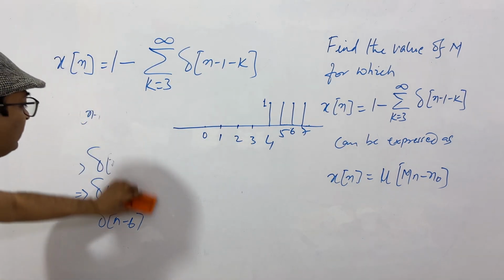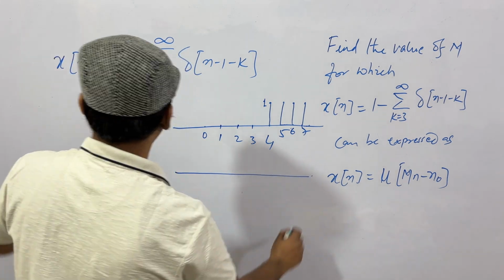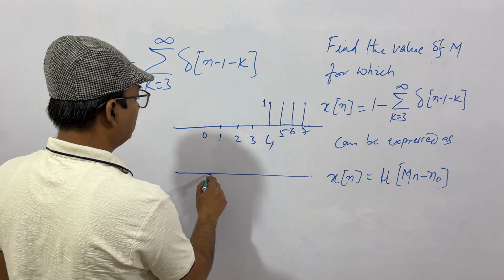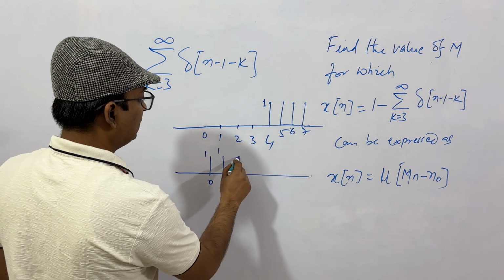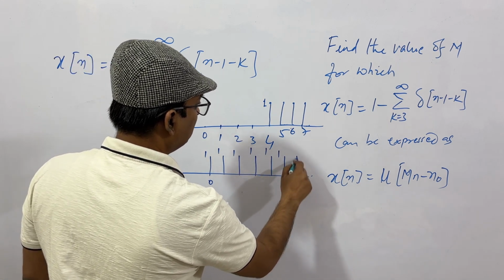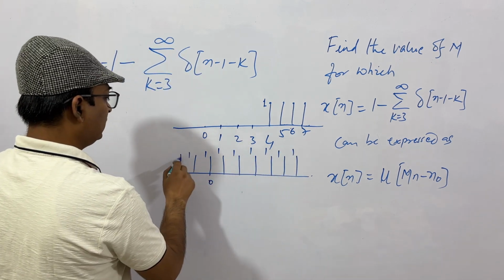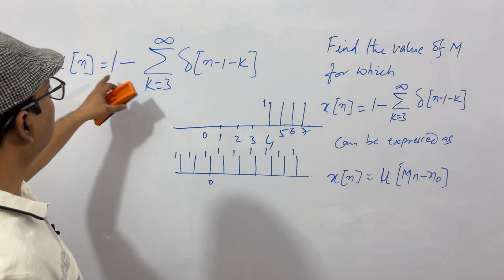Now, what is 1? This is 1 minus this. 1 means it is 0. Then you have this 1, 1, 1, 1, 1, 1, 1. Here also 1, 1. So it is 1 throughout. And what is this section? This is this minus this.